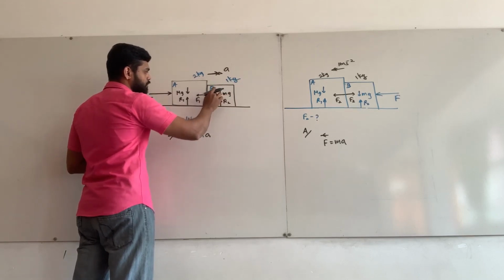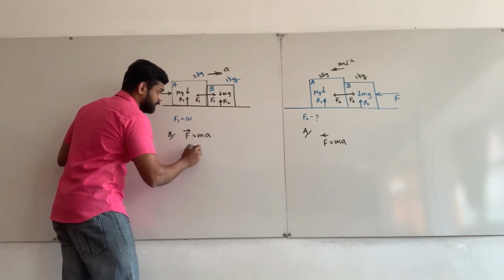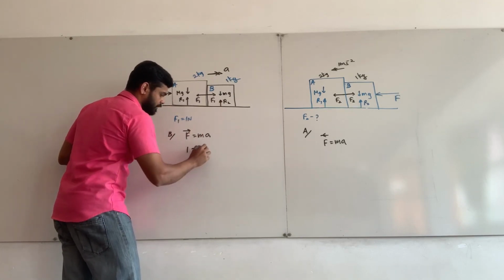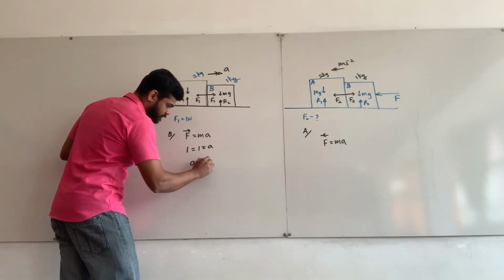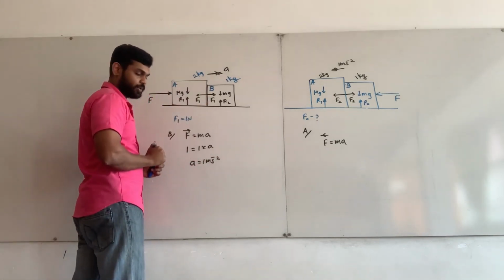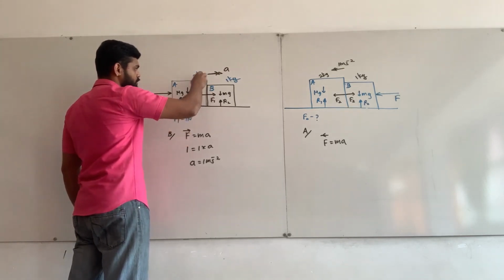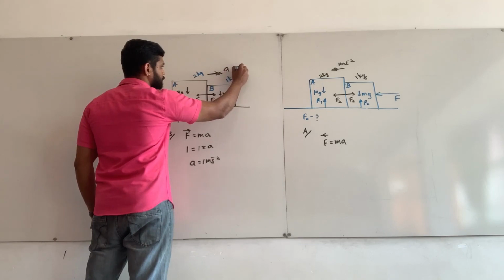So the net force on B is F1. F1 is 1 Newton, mass is 1 kilogram and the acceleration is unknown. So the acceleration is 1 m/s². Since the whole system is connected, the whole system also travels with the same acceleration, 1 m/s².